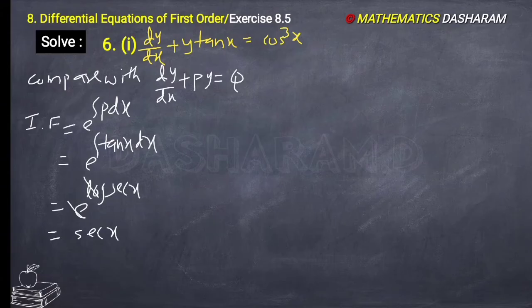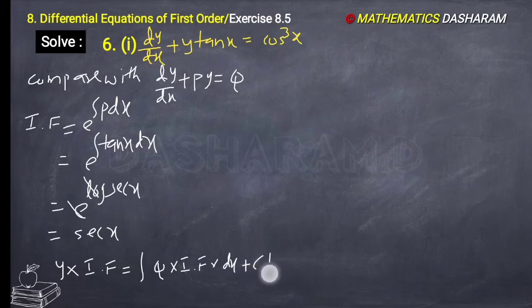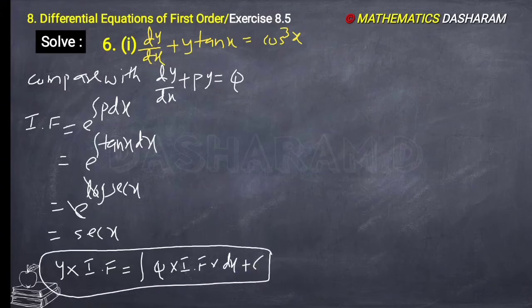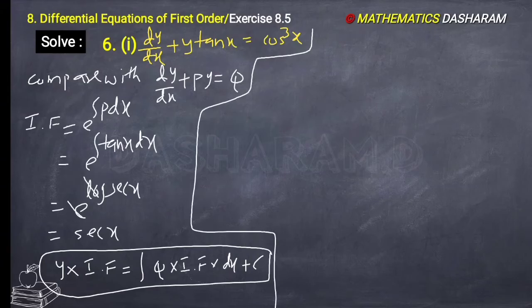So next, to find out the solution. The solution is y into integrating factor equals to integration q into integrating factor dx plus c. This is a formula. So then y into integrating factor is y sec x equals to integrating q. Q means here cos cube x is q.